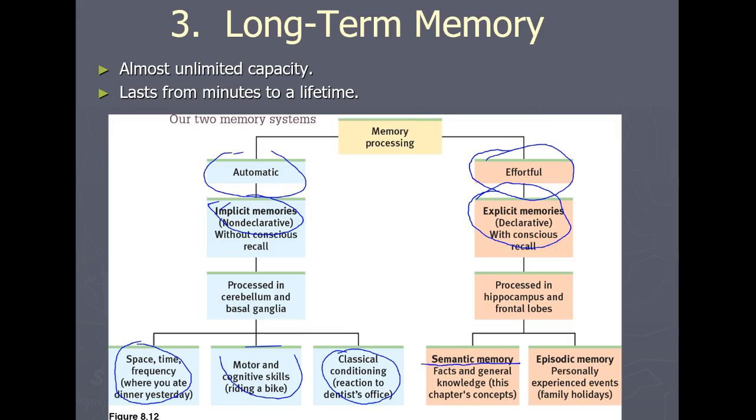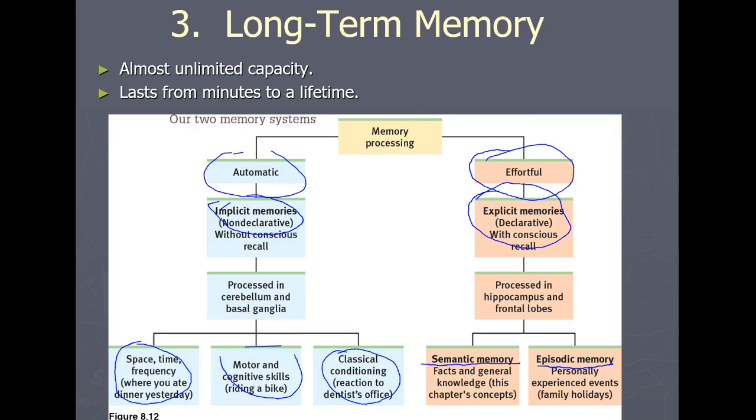Maybe Wikipedia is more appropriate for today's generation. But we also have other types of factual information called episodic memory. And episodic memory are episodes or events from the past that you've experienced. They could be personally relevant, like thinking of your graduation ceremony would be an episodic memory.